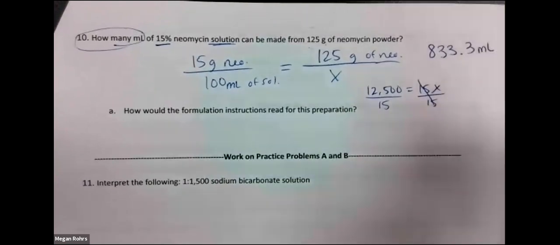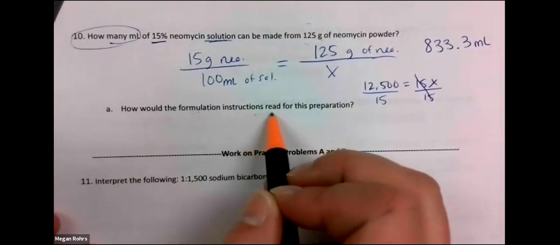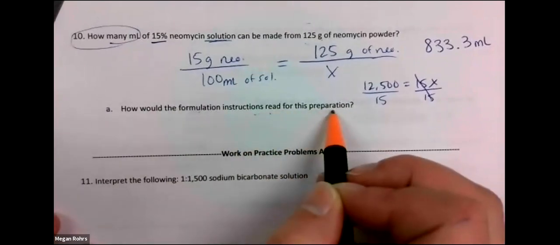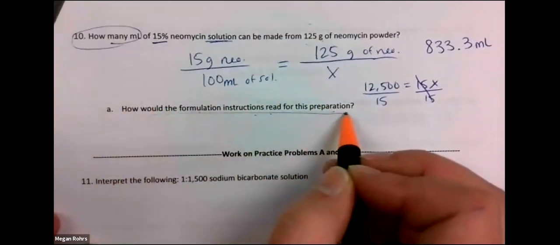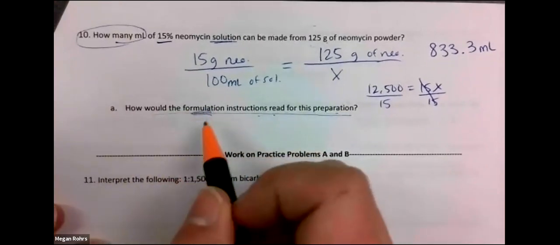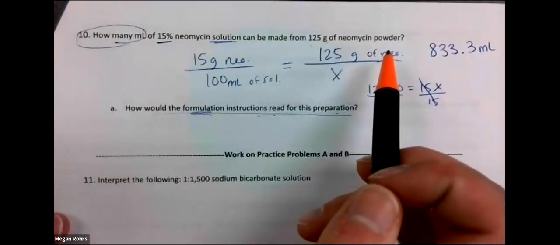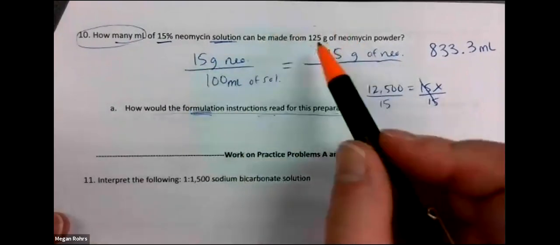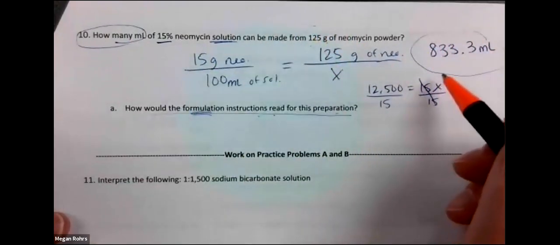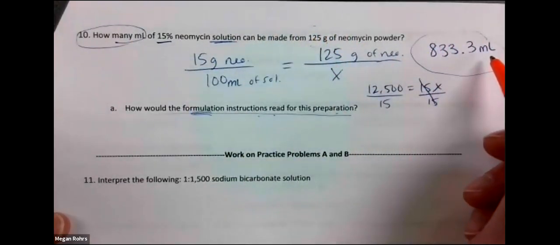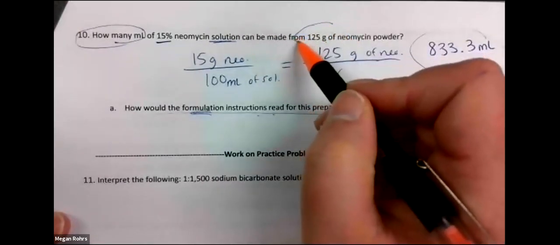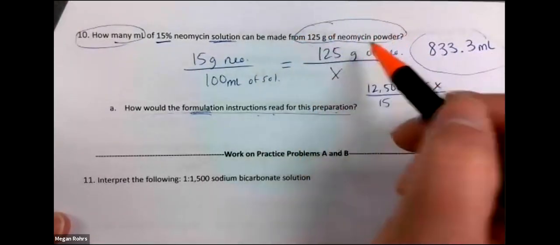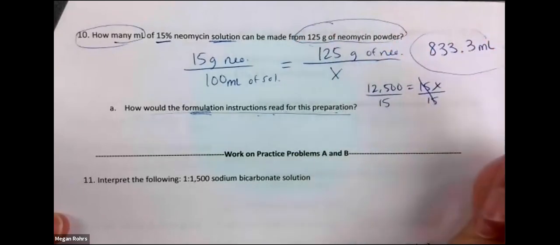So now it says, how would the formulation instructions read for this preparation? Let's pretend that we're trying to write a formula to make this drug here. Well, we said that we're making a total of 833.3 mils, and we have 125 grams of our neomycin powder.